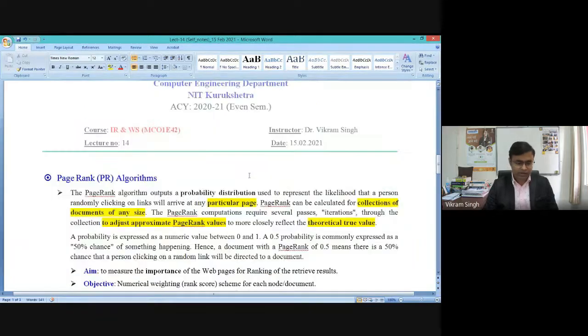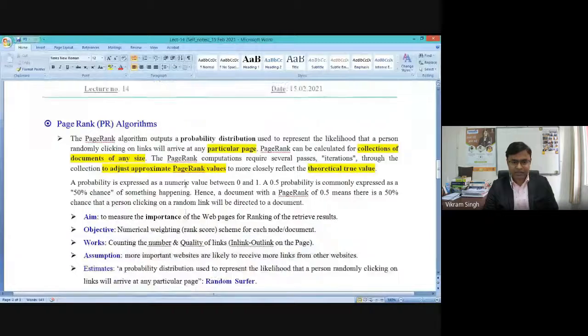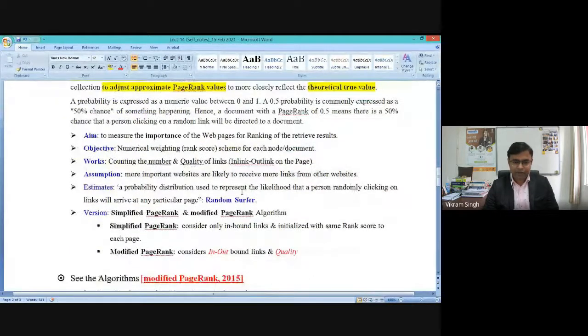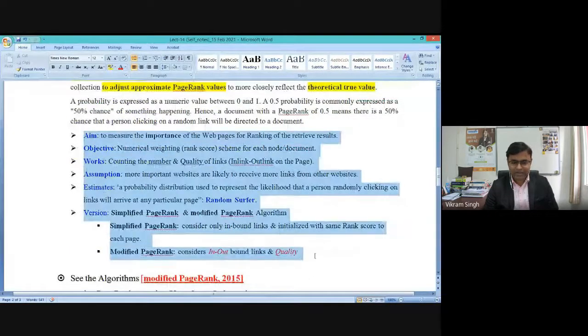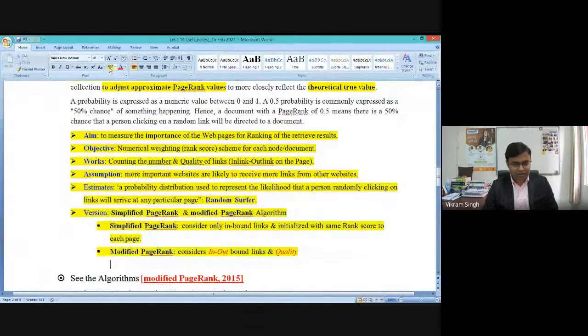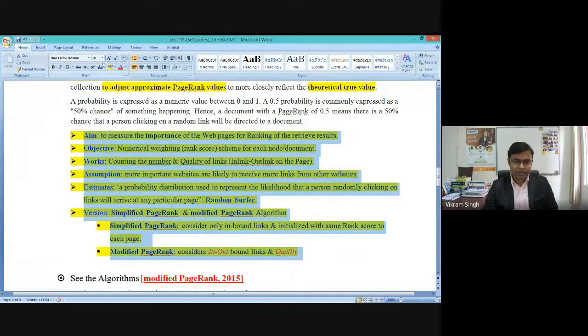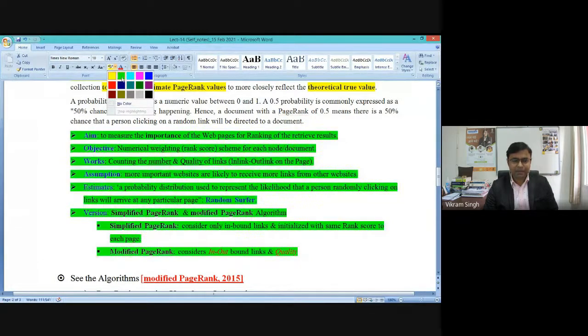So let's go again to the PageRank algorithm, which we started discussing in the previous lecture. We have widely discussed all these basic details about the PageRank algorithms, and these are the common philosophy for the simplified PageRank as well as the modified one.